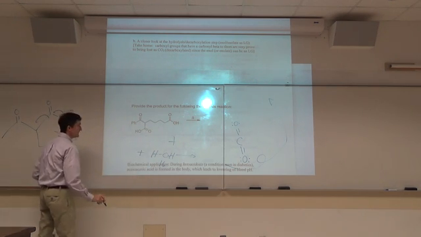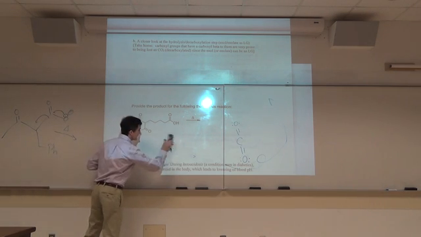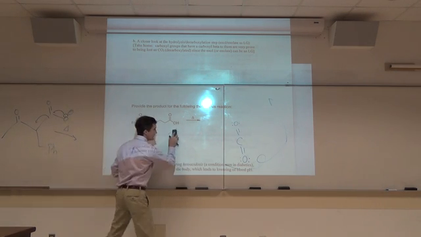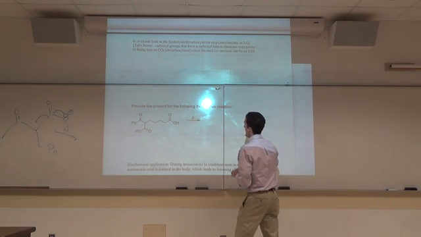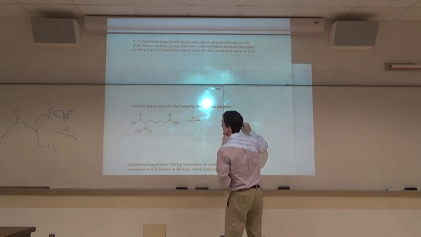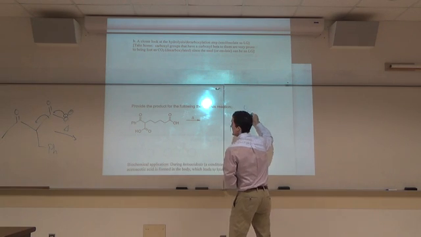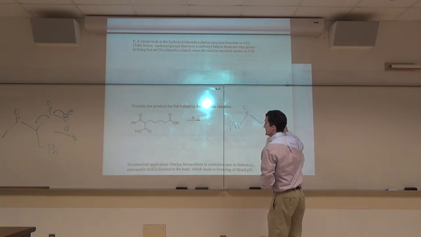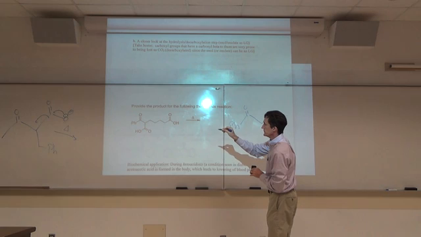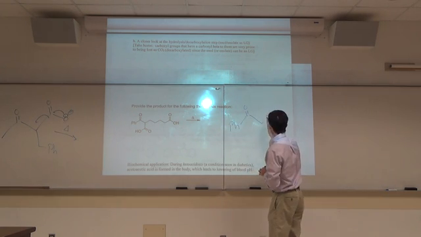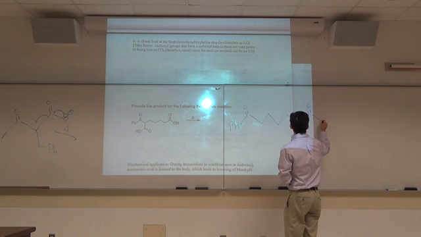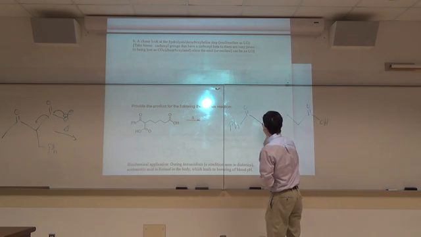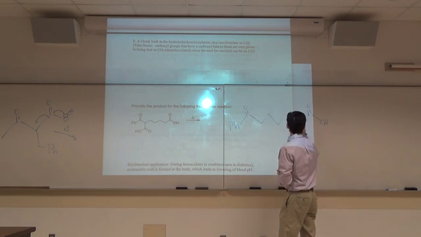What will be the product? If you heat this thing, it's going to pretty darn likely lose CO2. And the product will be this. What do we got here? 1, 2, 3, 4, 5, 6, 7. 1, 2, 3, 4. 1, 2, 3, 4, 5.